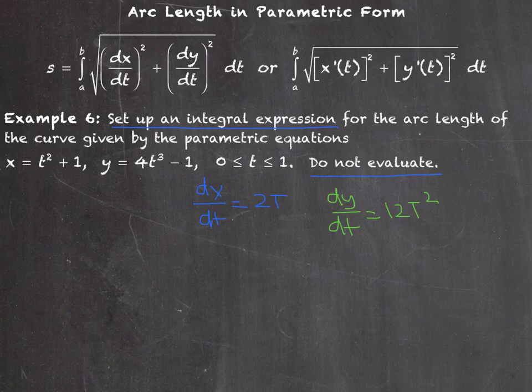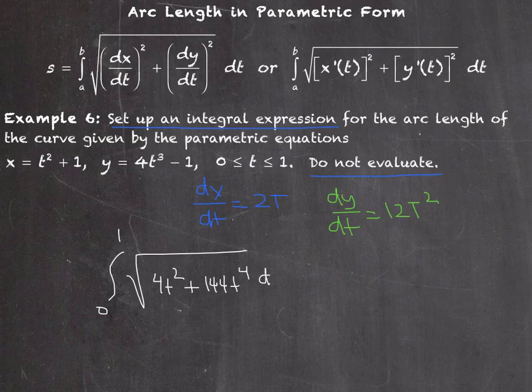So our integral is going to go from 0 to 1, big square root, dx/dt squared is going to be 4t squared, plus dy/dt squared is going to be 144t to the fourth, dt.